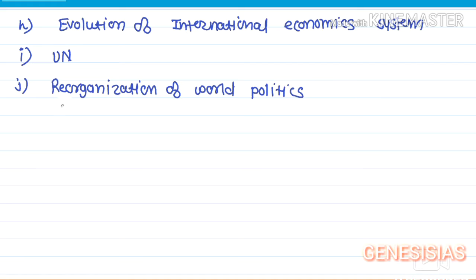It includes EU, ASEAN, APEC countries, then NAFTA, etc. Then the next is contemporary global concerns.